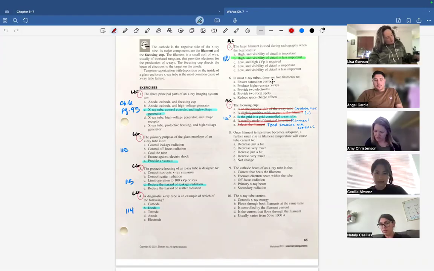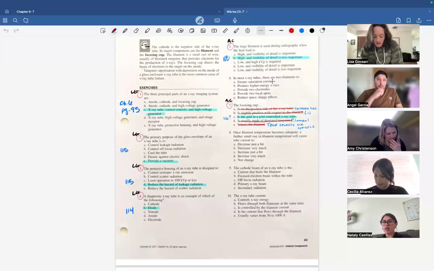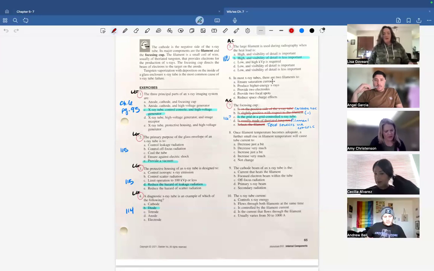I got C. I mean, you can see where I wasn't sure. I was like, well, I think this is this, so it can't be. Is the grid in a grid controlled X-ray tube? Wouldn't it make sense, here.